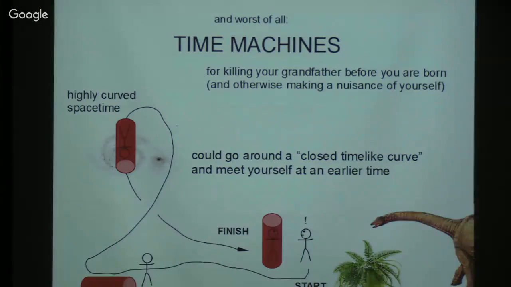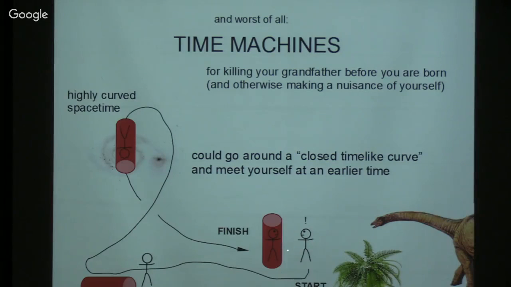And the worst of all, at least in terms of the amount of head scratching you have to do to figure out what it would even mean and whether it makes sense logically, if it were actually possible, is time machines. So technically, these go by a special name in the general relativity community. They go by the name of a closed time-like curve.